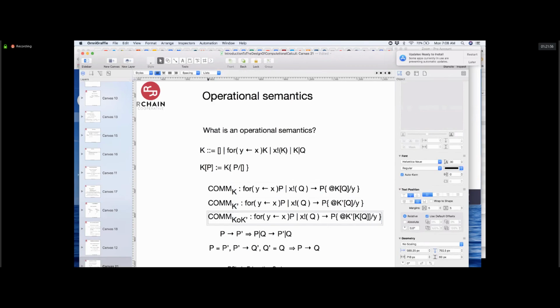I'll let that sink in for a second. There's no way to compose operational semantics. With this COM-K rule, for the first time, we have a way to compose operational semantics. I've given you one operational semantics, I've given you another operational semantics, and now I've shown you how to compose them.